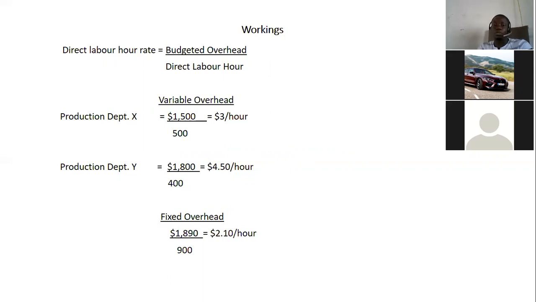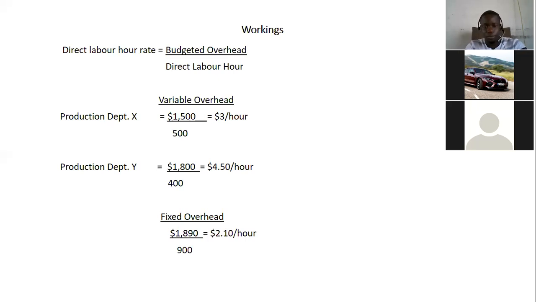We divide the cost that has been given to us, which is 1,890, by that total. When that is done, we get $2.10 per hour.